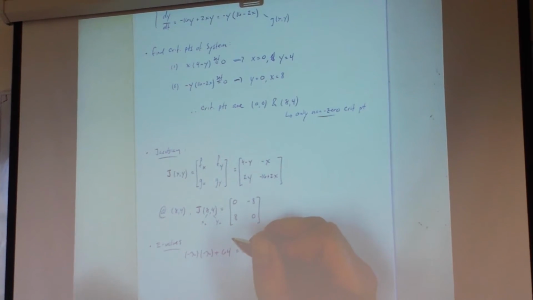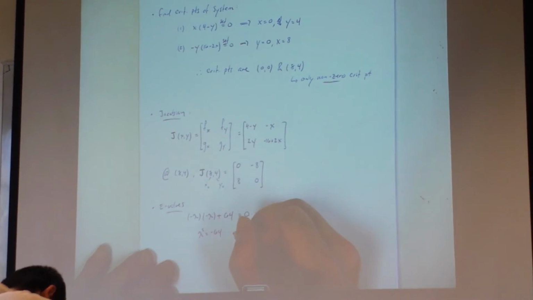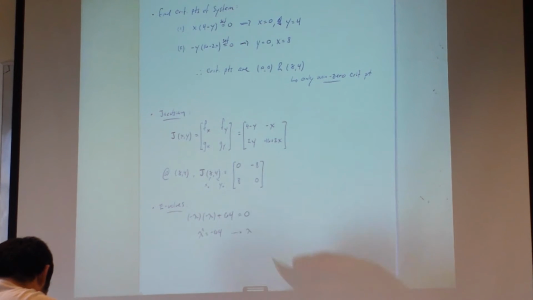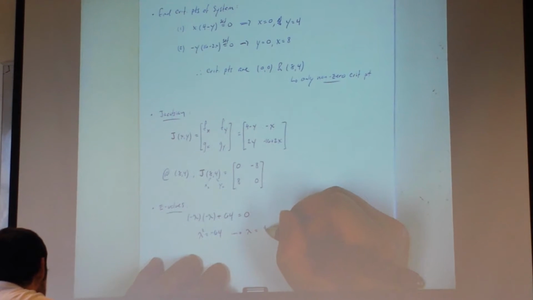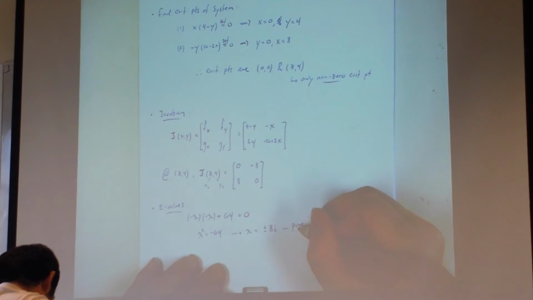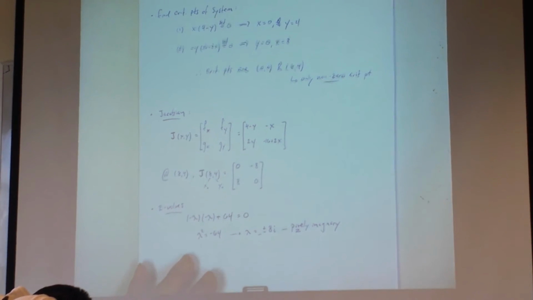So that's lambda squared equals negative 64. So what do we notice? Complex, but in a particular way. Lambda is plus or minus 8i. These are purely imaginary. They have a 0 real part.